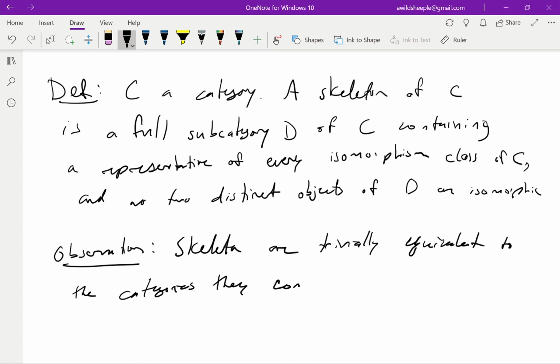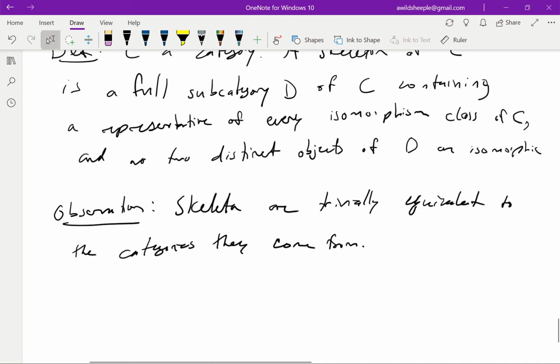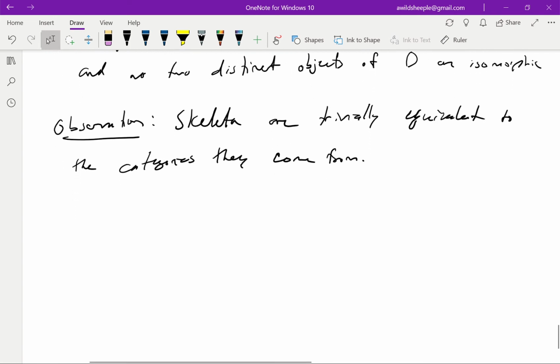Sort of motivates the name. We're thinking of this as picking out just the bones, so to speak, of the category. And if this is not completely clear, then maybe scroll back up and spend some time thinking with this, because this should really be obvious to you guys. So lemma 2 is that skeleta always exist.